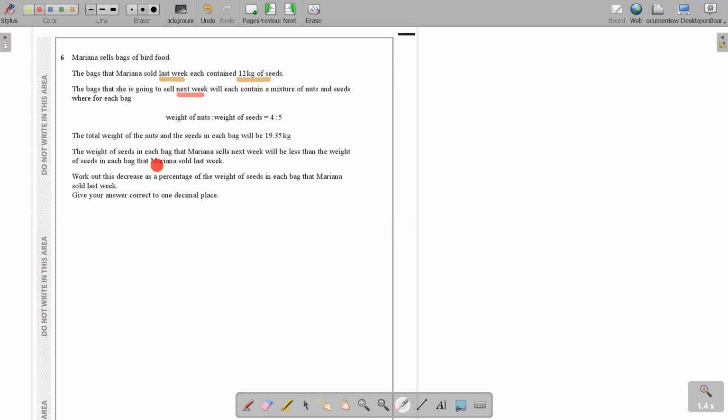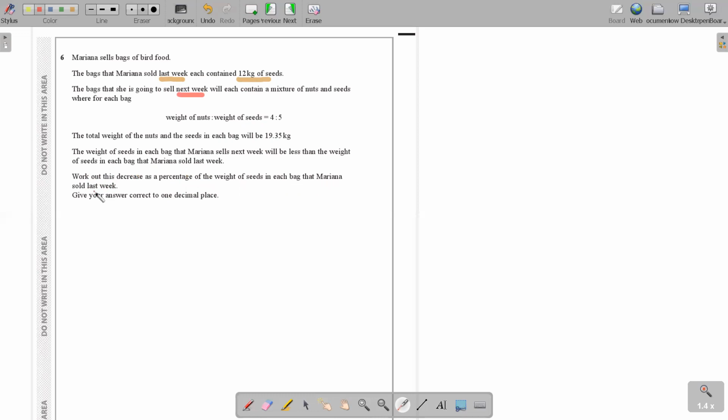The weight of seeds she sells next week will be less than the weight of seeds in each bag that she sold last week. Then they're saying work out this decrease as a percentage of the weight of seeds in each bag that she sold last week.